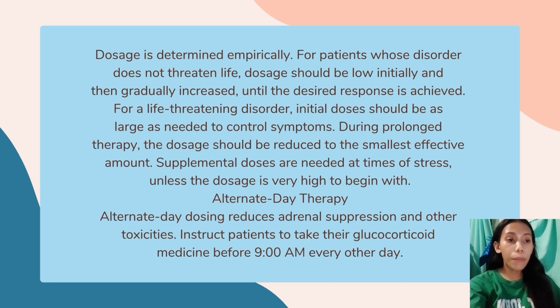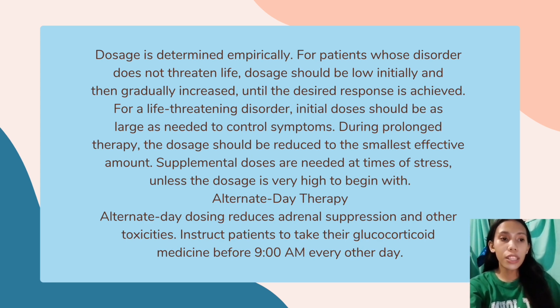Dosage is determined empirically for patients whose disorder does not threaten life. Dosage should be low initially and then gradually increased until the desired response is achieved. For a life-threatening disorder, initial doses should be as large as needed to control symptoms.